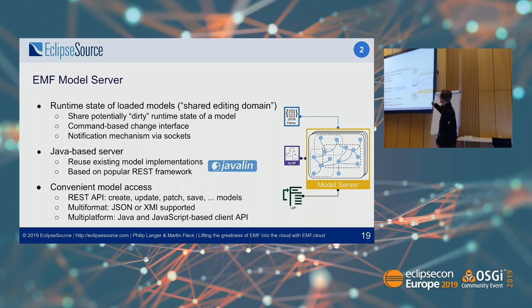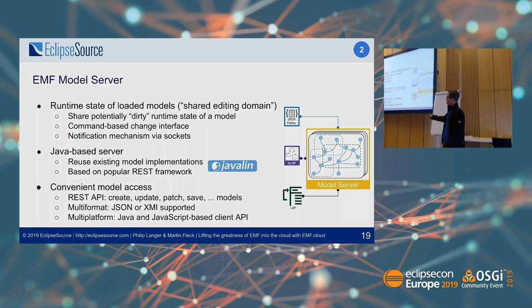And what you use inside of this model server, whether you use CDO or XMI or XText, doesn't matter. That's up to you. This is really just for synchronizing it. And it does so by providing you a command-based change interface and a notification mechanism via sockets. I will show you that in a second.